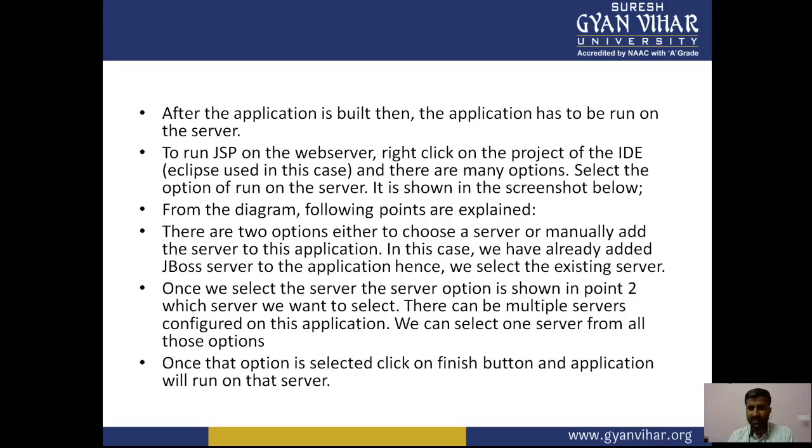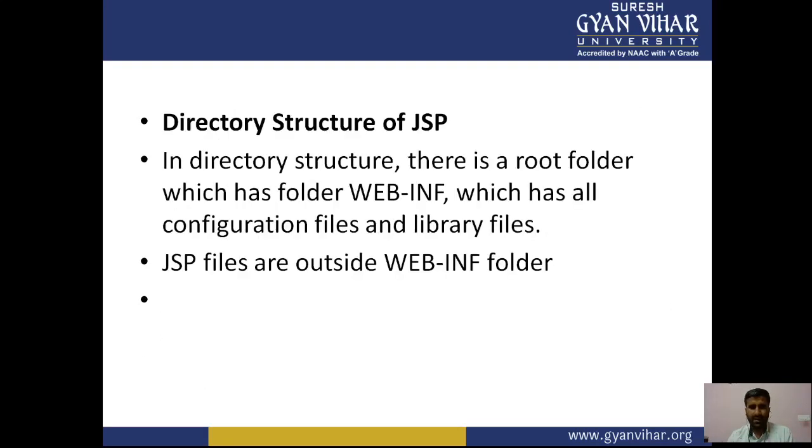Hence, we select the existing server. Once we have selected the server, the server option showing the point 2, which server we want to select, there can be multiple servers configured on this application as well. We can select one server from all those options. Once that option is selected, just click on the finish button and then run.